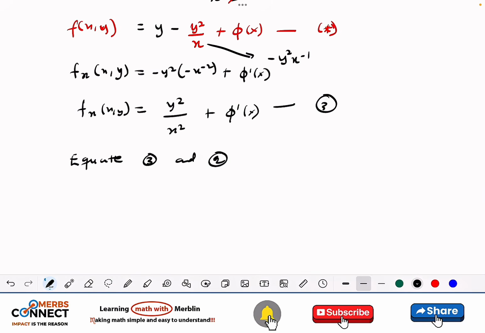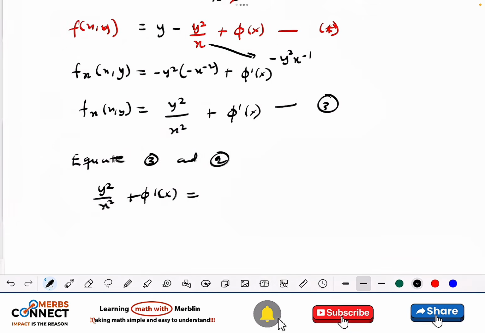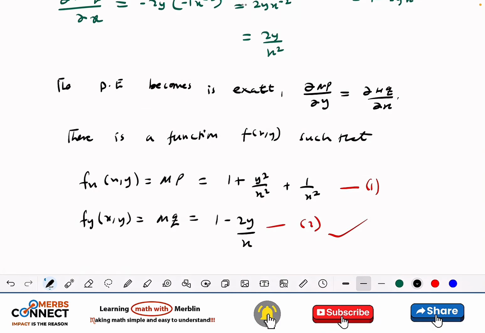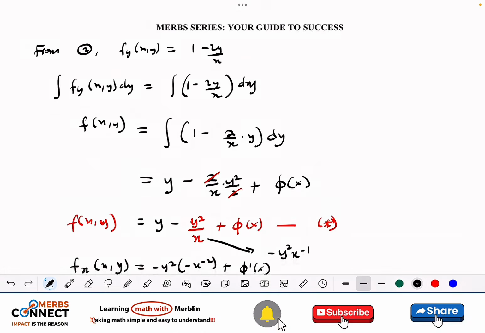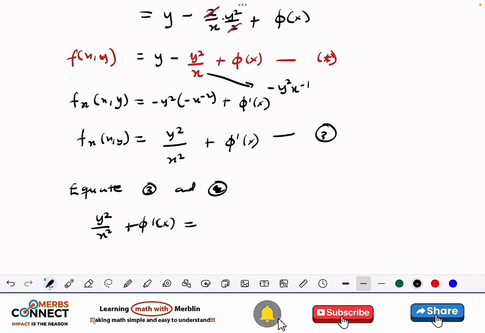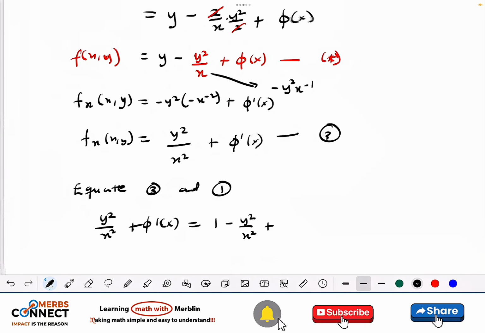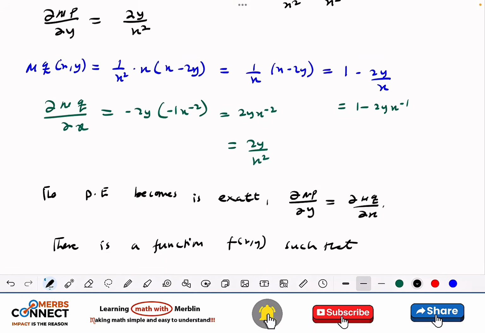So this is going to be y squared over x squared plus phi prime of x, which is equal to, oh, that one should be equation 1. So this is 1 minus y squared over x squared plus, let me just check it again.